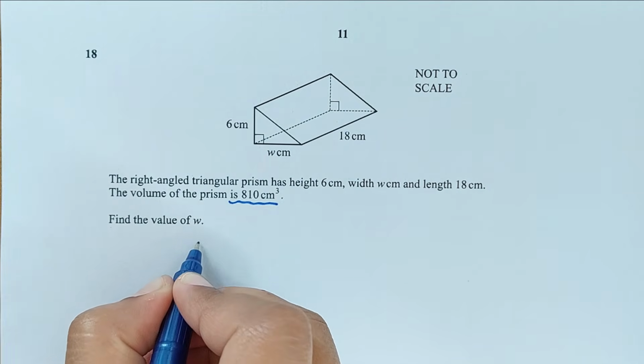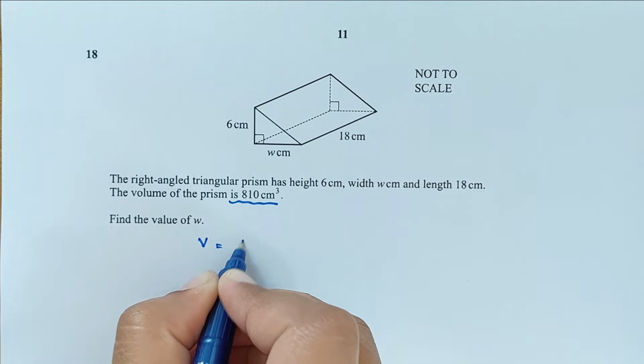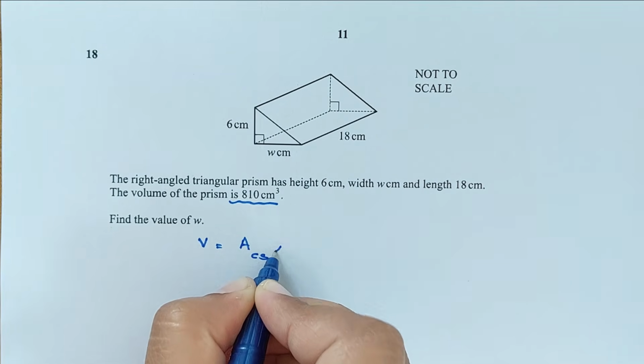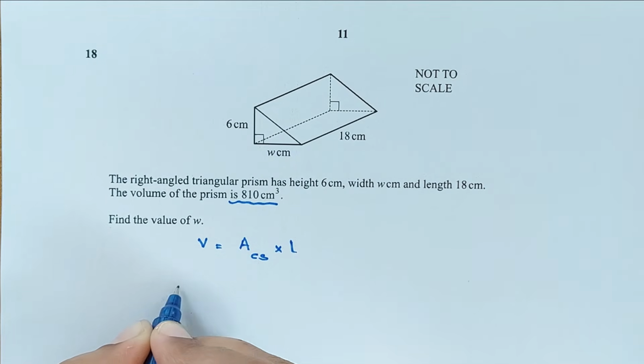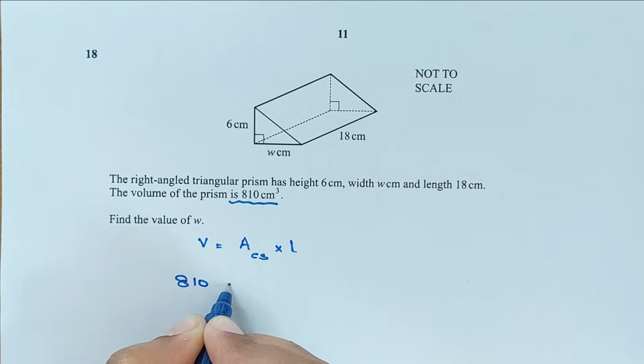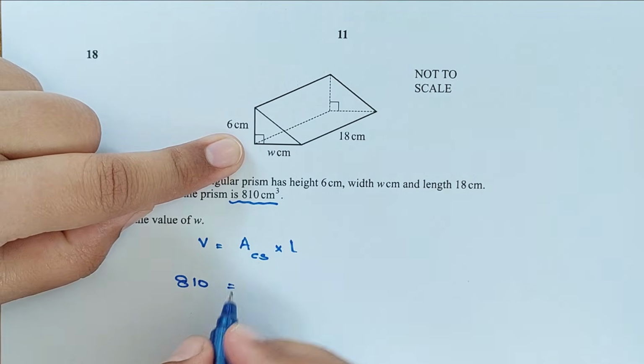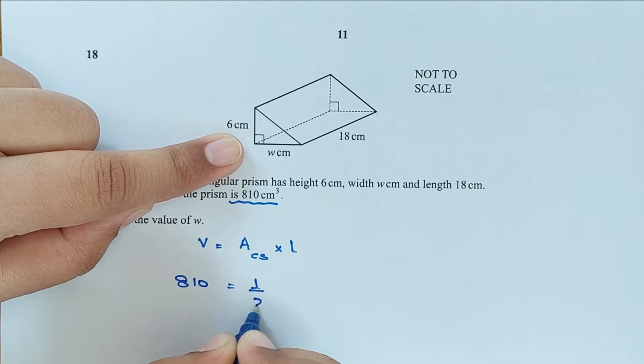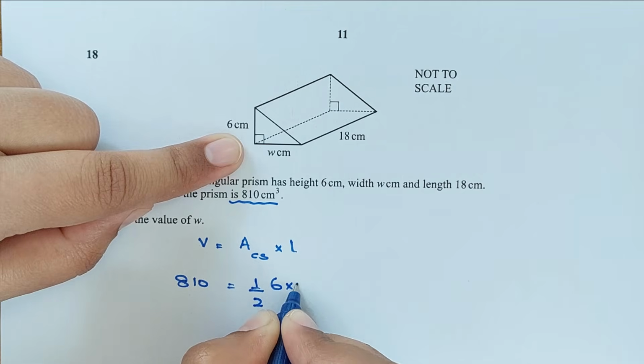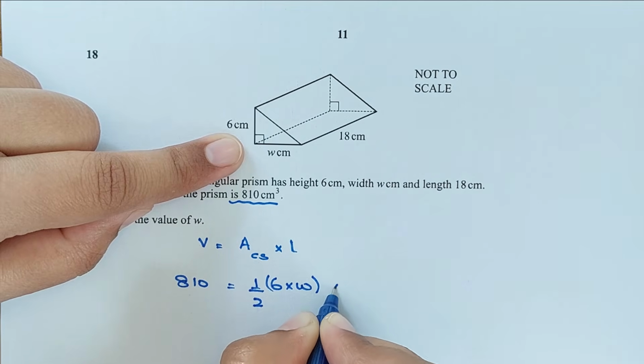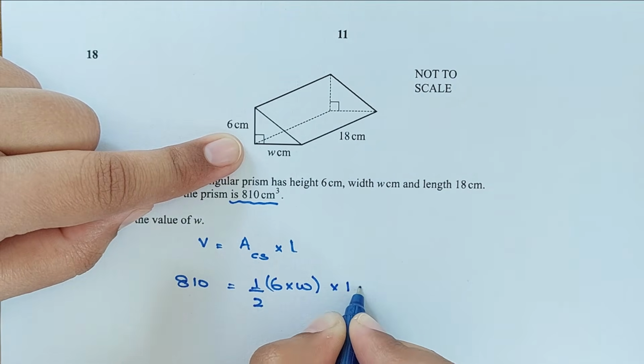So we know that the volume of a prism is area of cross-section times the length. Right, volume is 810, which is equals to area of a cross section is area of a triangle, which is half base times height, 6 times W, times the length is 18.